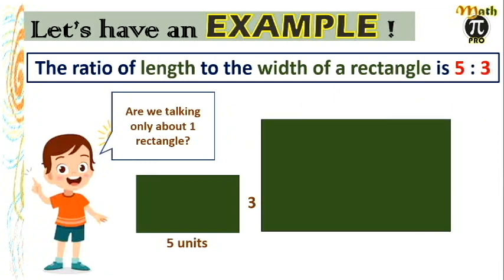Meaning, when you double the length of the rectangle, you also have to double the width of the rectangle. So the ratio of 5:3 could be a rectangle with a length of 10 units and a width of 6 units. And there are actually a lot more rectangles with a ratio of 5:3 with respect to its length and width.